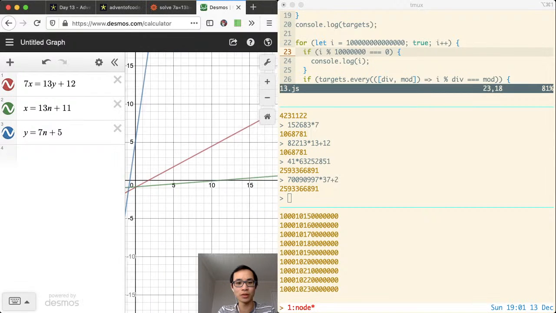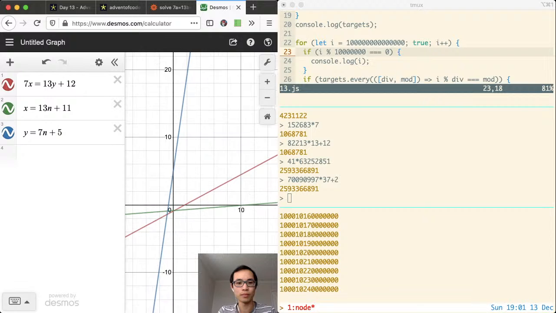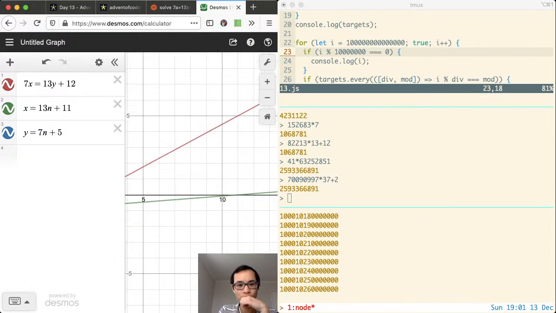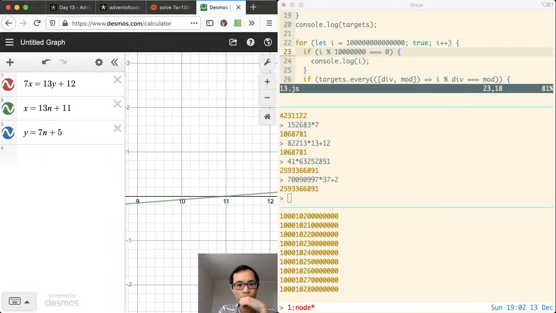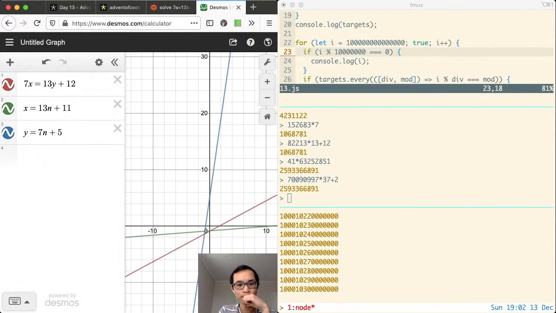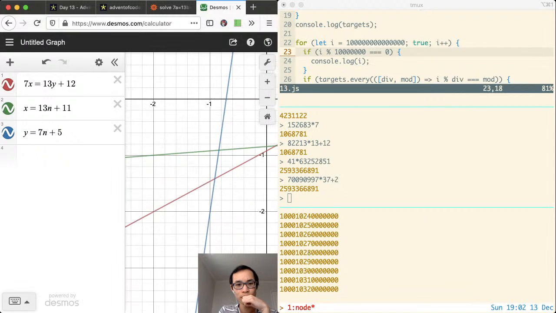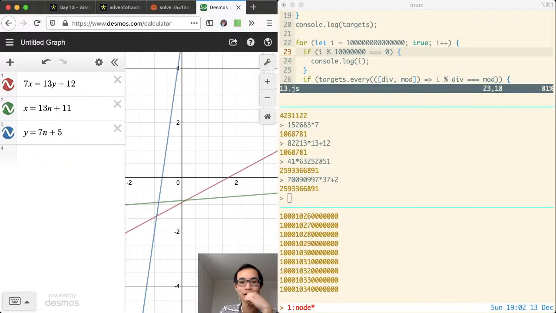How do these lines interact? Yeah, that crosses at 11. I don't think that means anything.